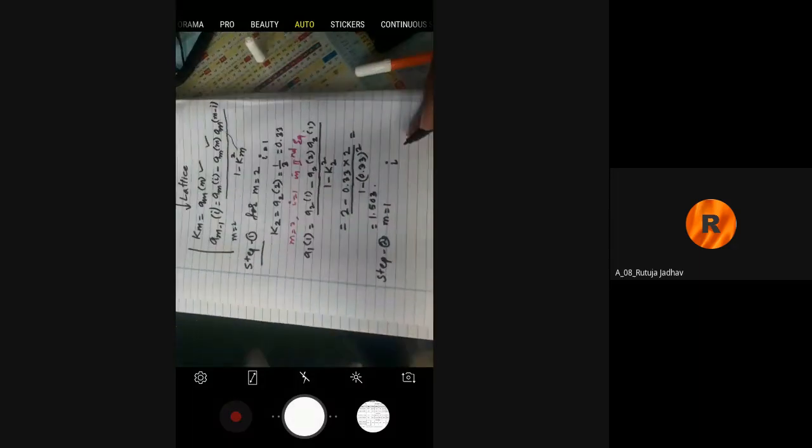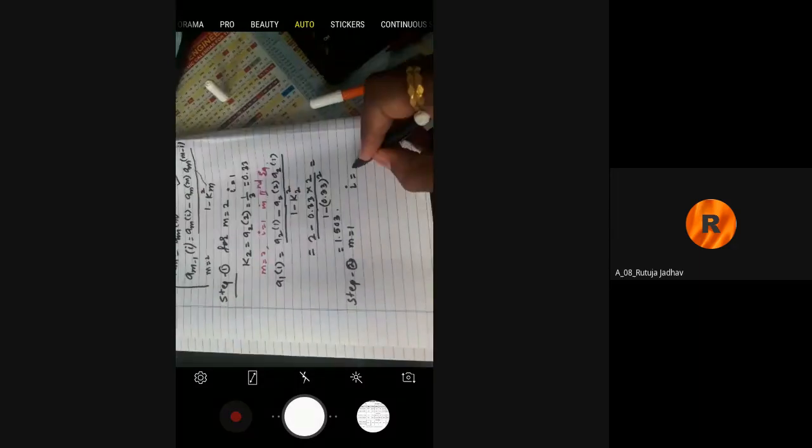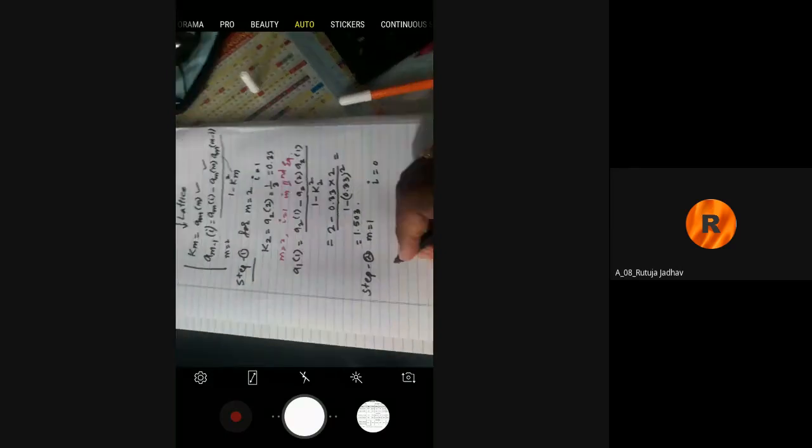Then step 2, m equals 1. What will the value of i be here? 0. Okay. So in the first equation we have to substitute m equals 1.